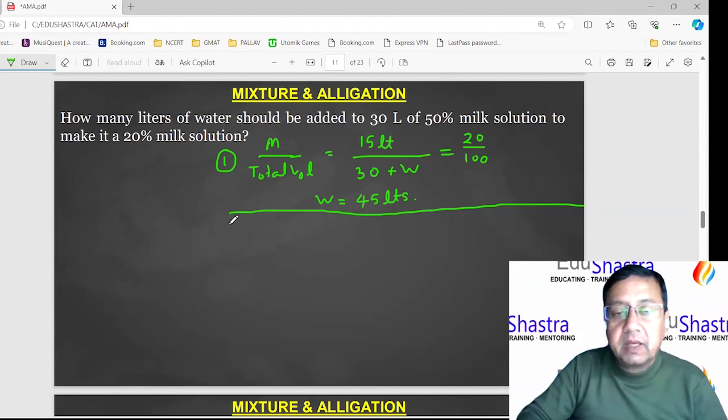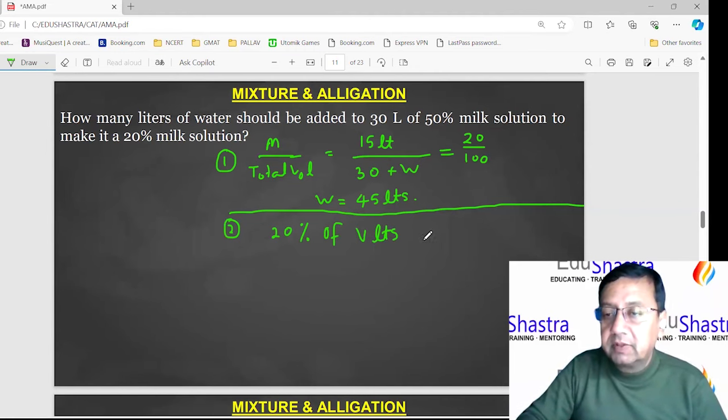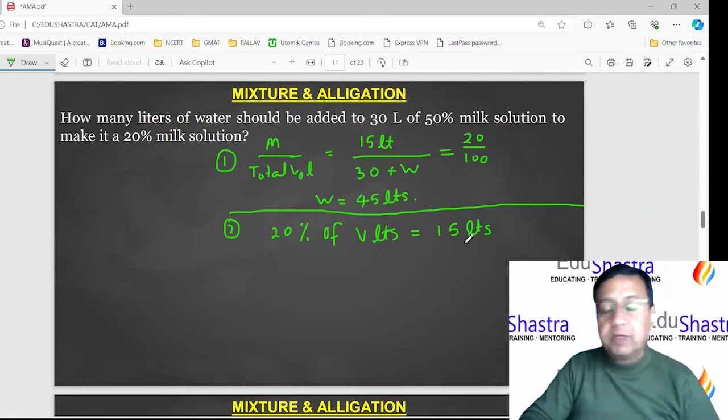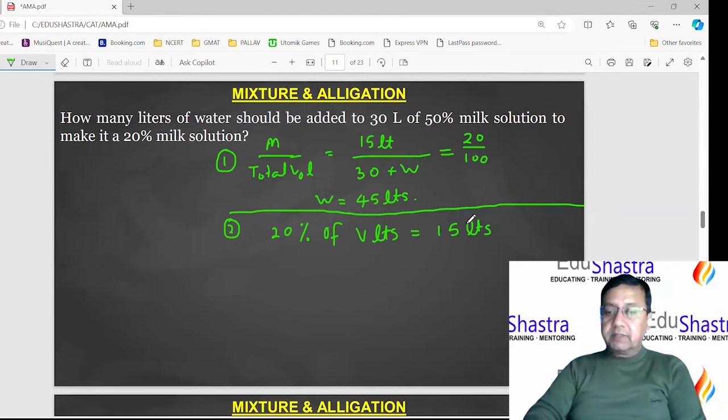So second method: 20% of some V liters, where V is the total volume, should be equal to 15 liters, because the quantity of milk remains the same.